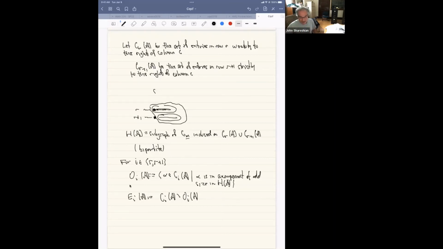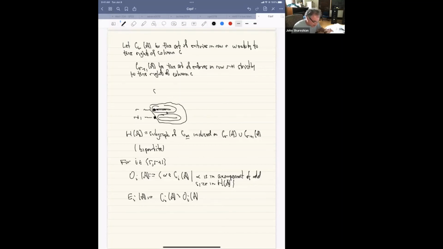The key point about these definitions is that if I have something in this row in an odd component and something in this row in an even component, there's no edge between them because they don't live in the same component. This is the key point.